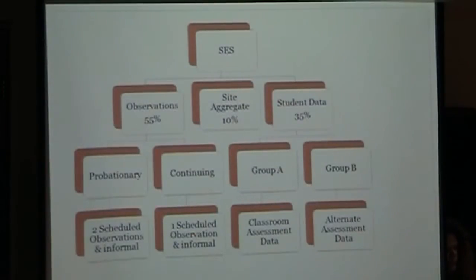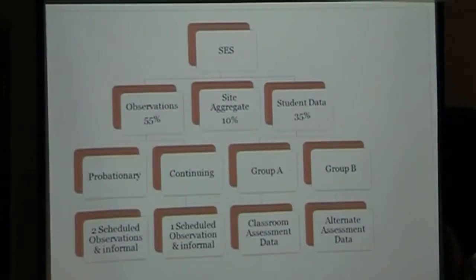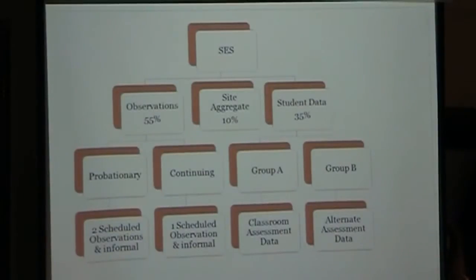So here, the basic framework for our evaluation tool for our teachers has not changed from the pilot. The whole system now is considered the standard evaluation system. In the past, it was just the observational piece. So observations account for 55% of the total score for our teachers.